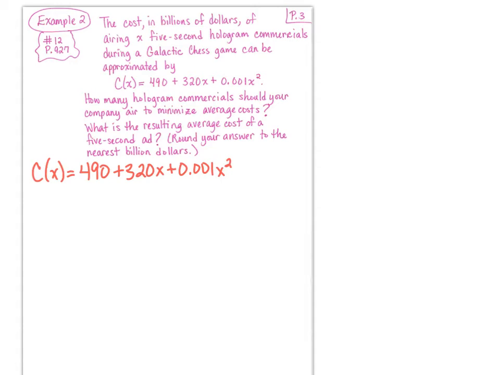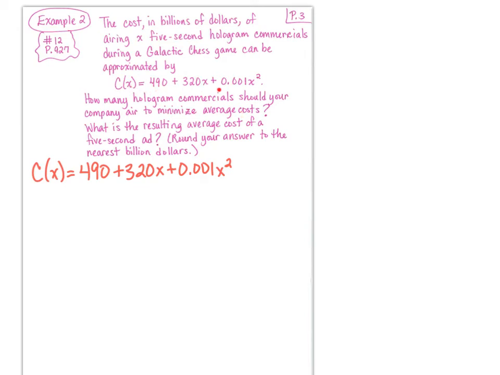Now we have to remember here it says that the cost in billions of dollars of airing x 5-second hologram commercials. So that's the number that we're airing, right? Now, our question says how many hologram commercials should your company air to minimize average cost?